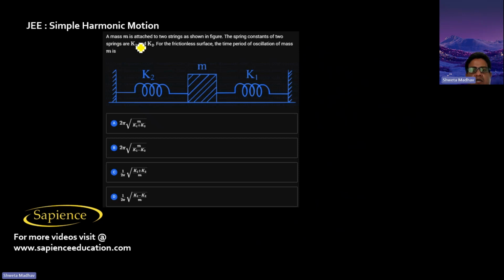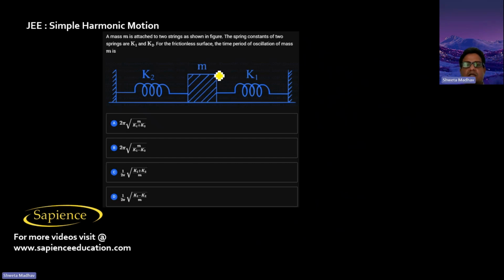Here it is told a mass M is attached to two springs as shown in the figure. The spring constants of the two springs are K1 and K2, for the frictionless surface. The time period of oscillation of mass M is?